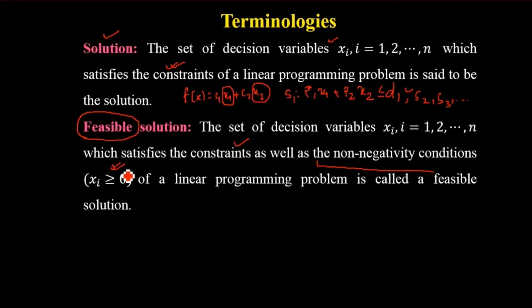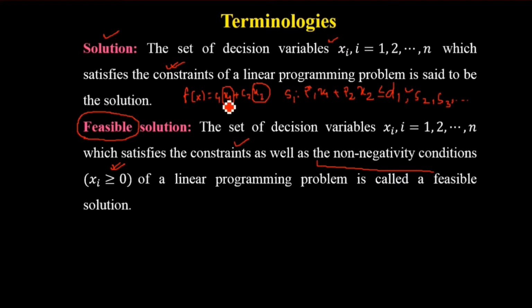You can remember last class we saw the last condition is xi ≥ 0, meaning things like the number of products, the number of persons, or resources will not be negative, they will be non-negative. So the solution will be eligible for a feasible solution only when it satisfies the extra non-negativity condition.